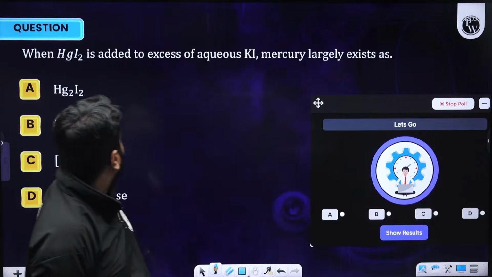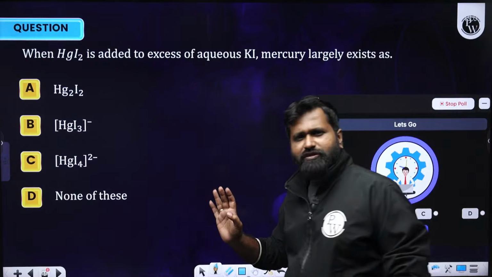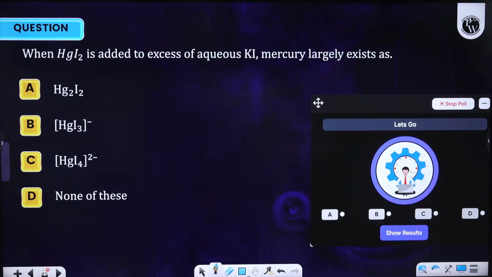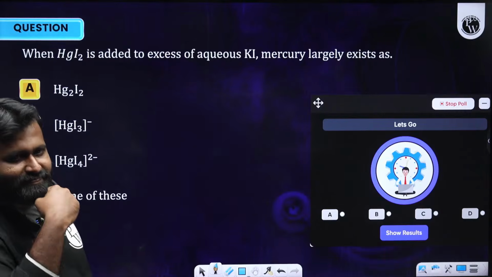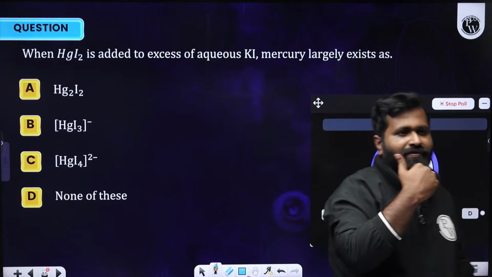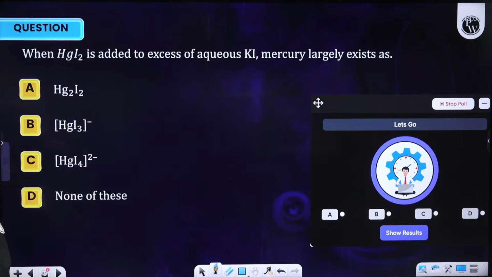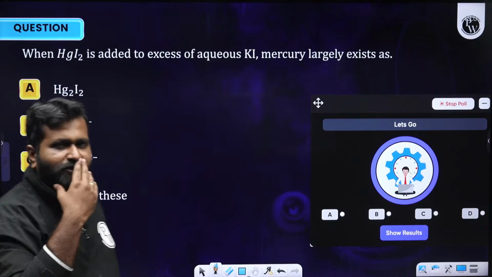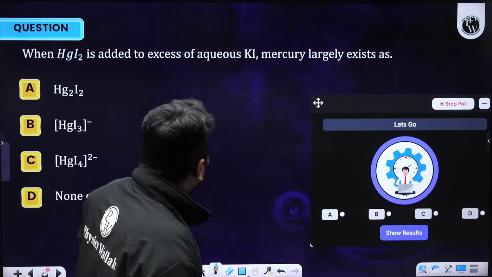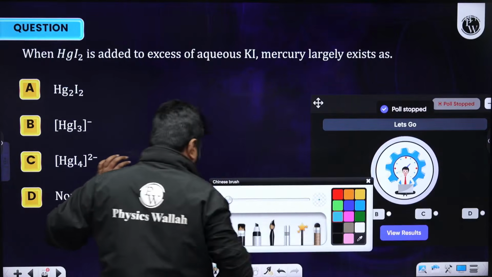Yes, tell me, what will be the reaction? It's a direct reaction-based question. No need to break our head. Very simple. At least from now onwards, please do remember this.